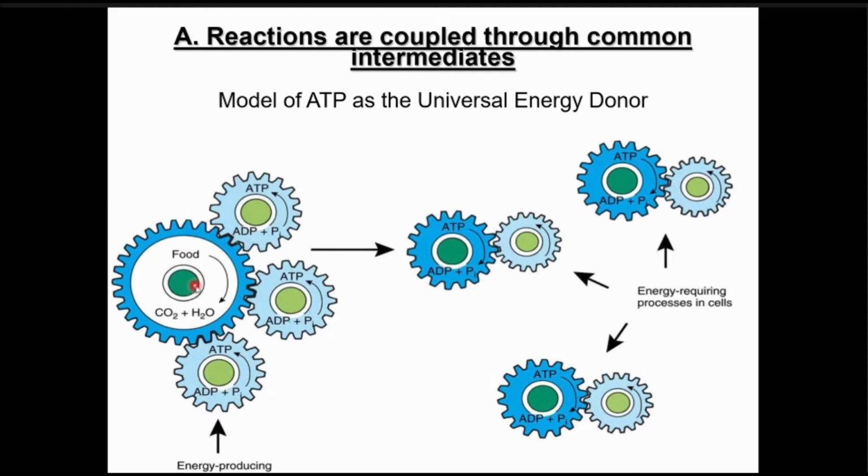The oxidation will lead to carbon dioxide and water, and the energy produced here will be moving other endergonic reactions, for instance, this one and this one. So these will be moved.